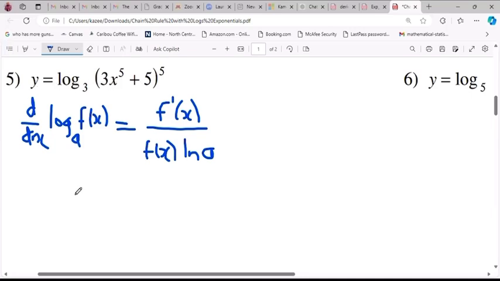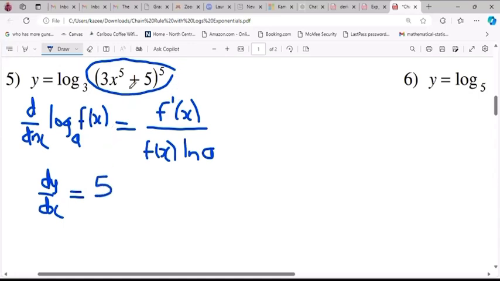So my dy ds at the end of the day is going to be differentiating that. You have to use the rule of composite function. So I'm going to have 5 coming down.